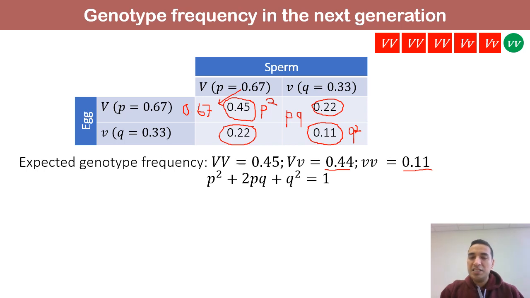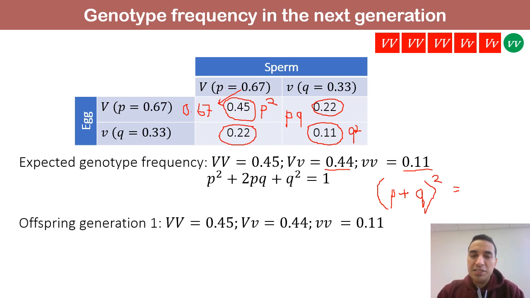This is just like saying from basic algebra, if we squared p plus q, I'm struggling with writing this here. I don't have my pen with me today. P plus q whole square is essentially p squared plus 2pq plus q square, and that also equals 1. So 1 square equals 1. So that's essentially the idea here.